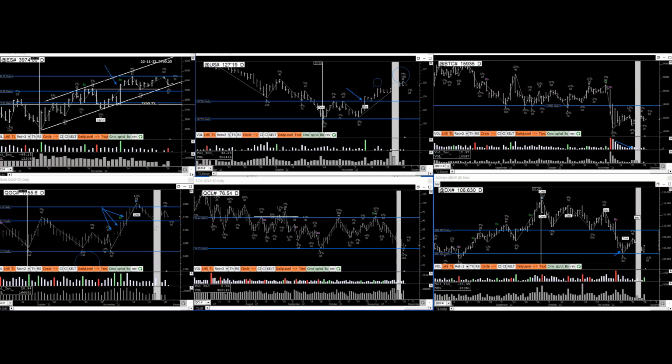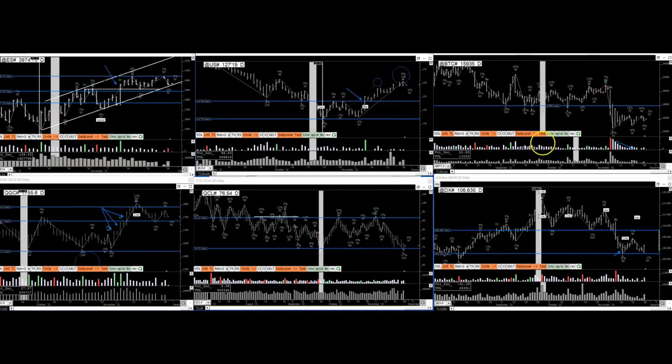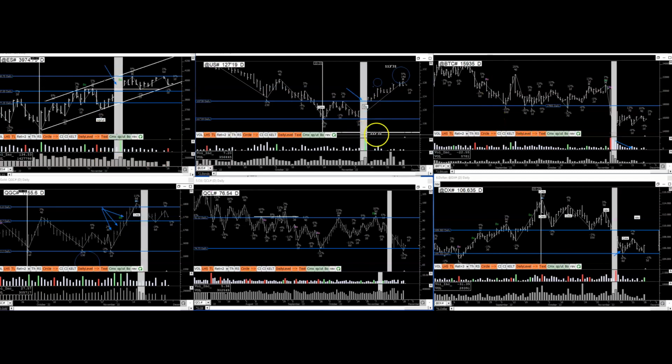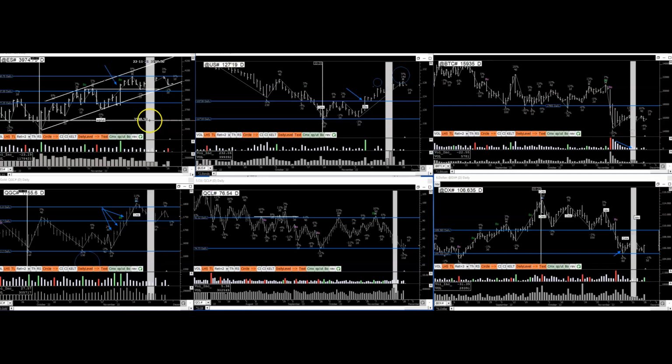If the pullback swings have less volume and less distance, then in general it means that you're going to get a bull swing higher, right? You're going to get a rally higher. So things like that are some obvious things, but the major point here is anything that has predictability, focus on it.